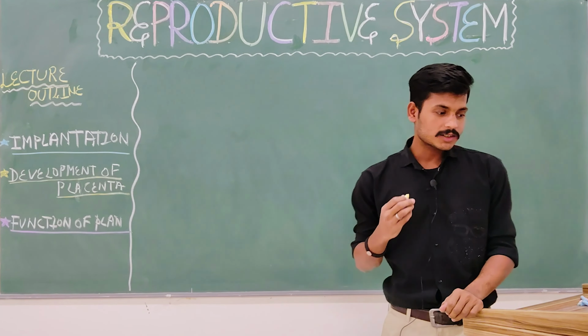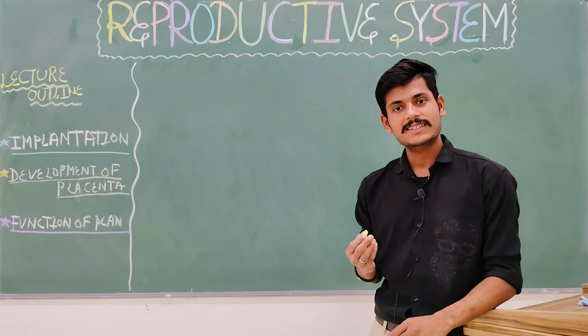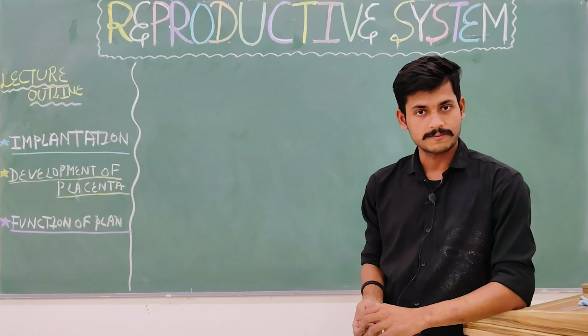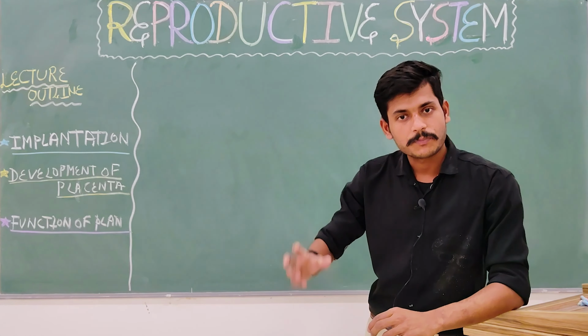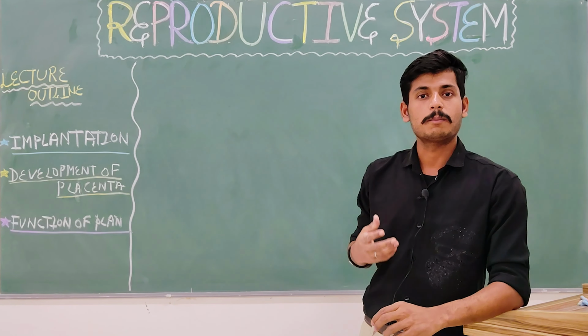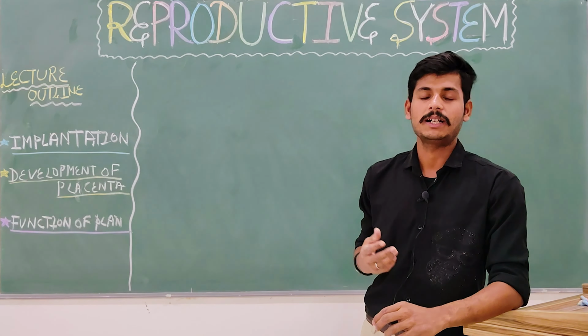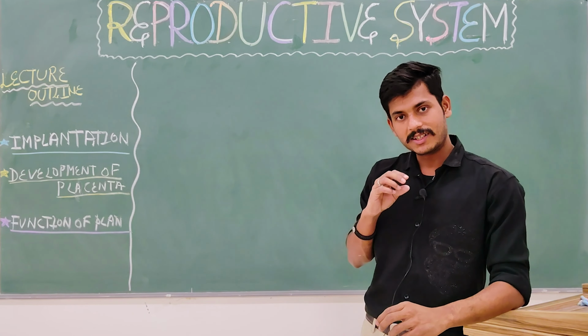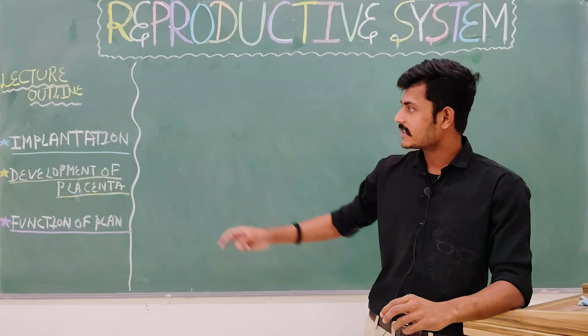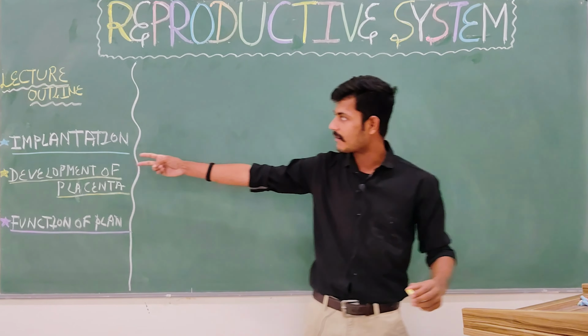Now we have to understand what things happen in this zygote, what things occur in this zygote which form one multicellular individual, one multicellular organism. What changes occur? We will see all these things under this heading. So this is today's lecture outline.